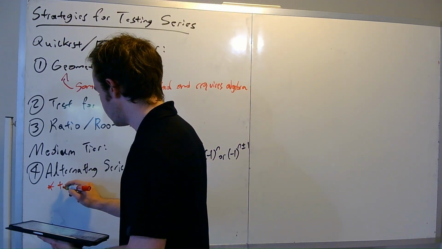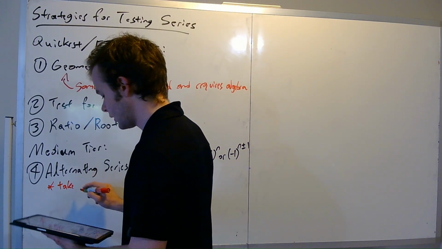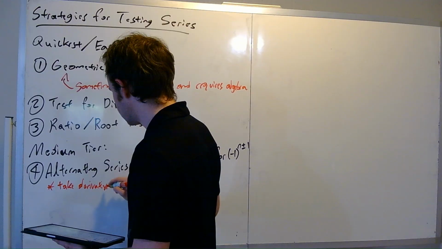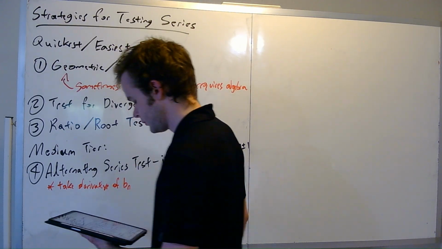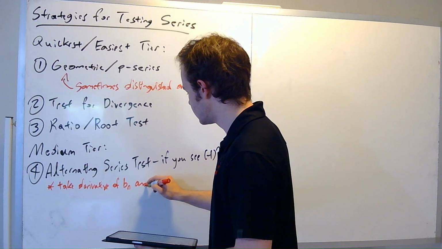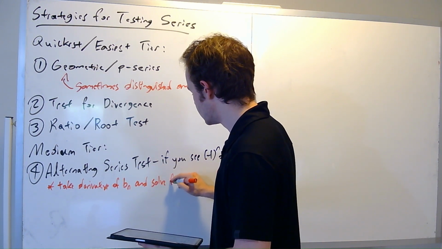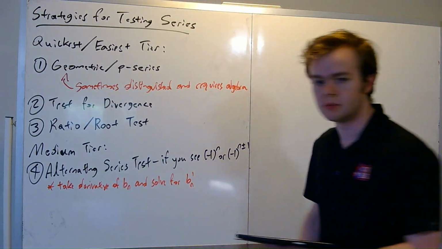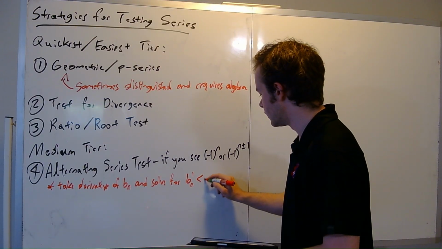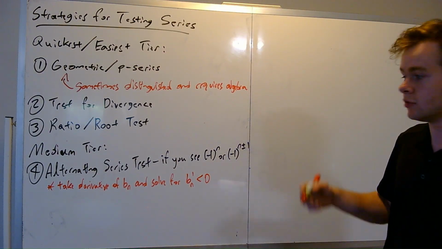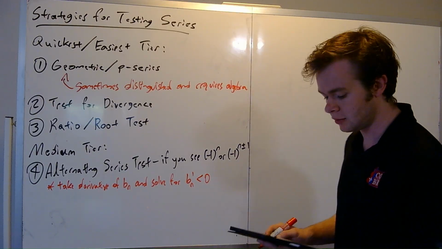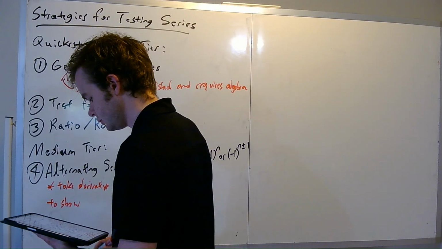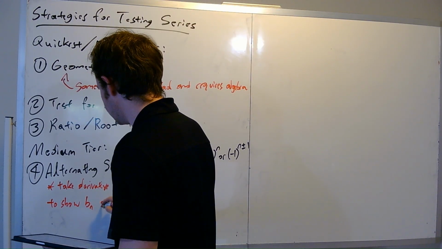So the key here is that you need to take the derivative of bn and solve for bn prime, saying the derivative of bn is less than 0, because if the derivative is less than 0, the rate of change is negative, meaning it's decreasing, to show bn is decreasing.